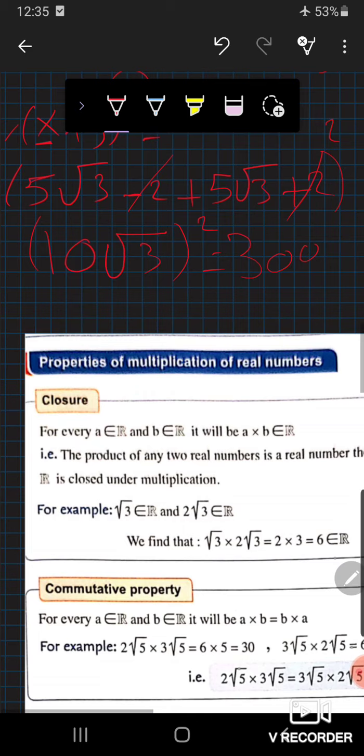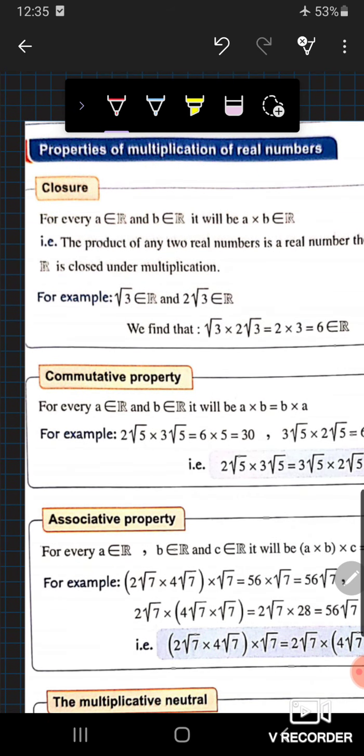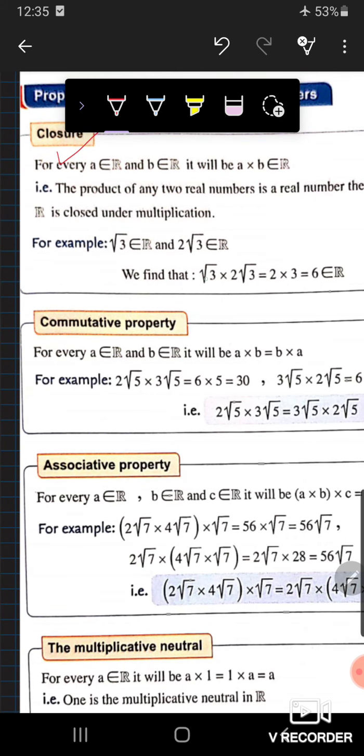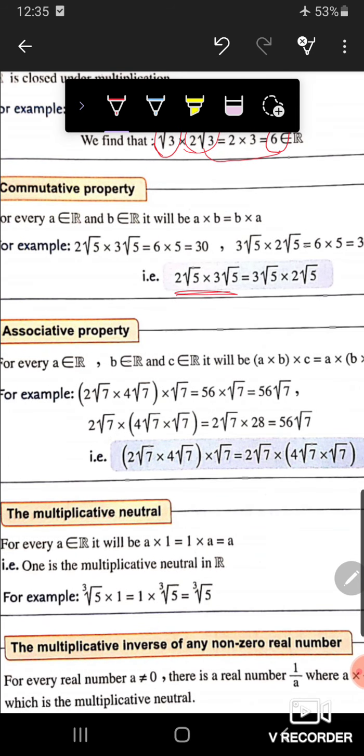Let's take some properties of multiplication, as we took some properties in addition. Here in multiplication, the first one is closure. What is the meaning of closure? If you multiply any number by any number, the result is closed, it belongs to R. What about commutative? Just change the places.